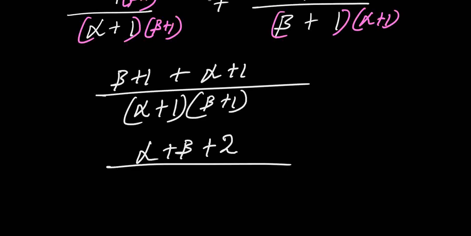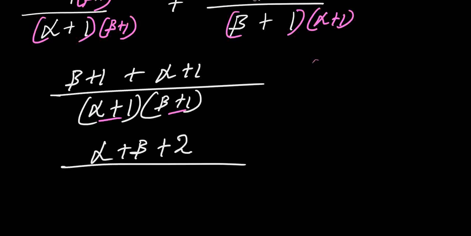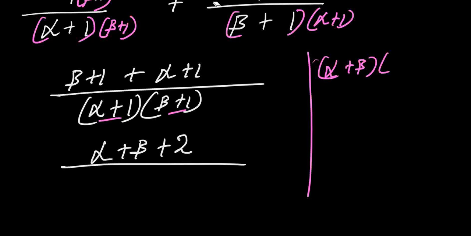So the denominator, we need to expand the denominator, which is this and this. To do that, let's simply bring it out here and do alpha plus 1 and beta plus 1. So alpha times beta and alpha times 1.